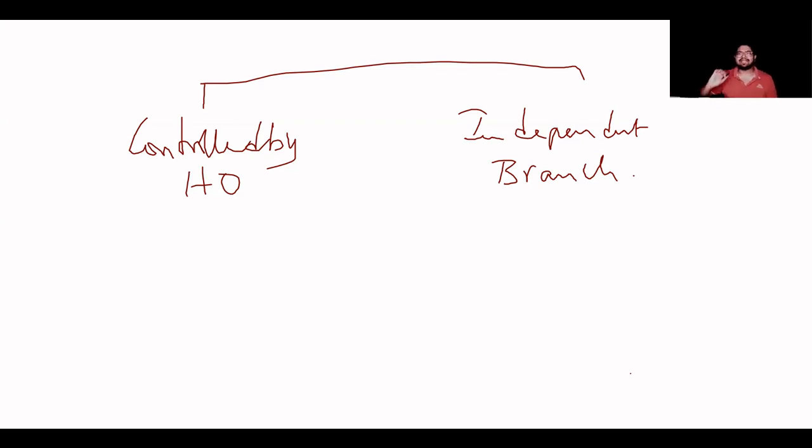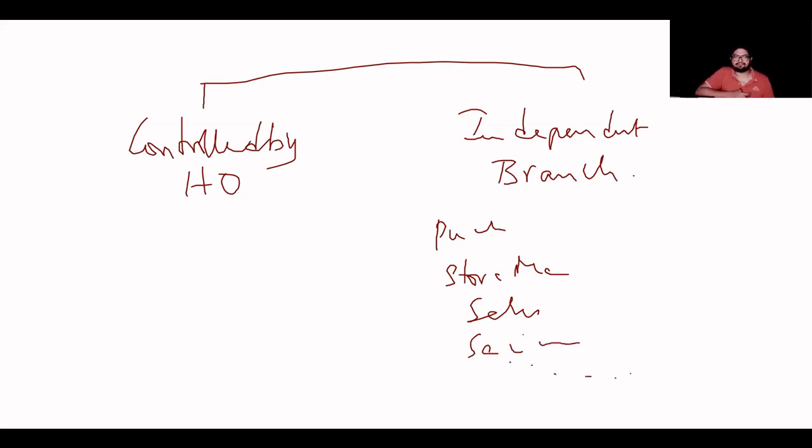Now, when I say an independent branch, it means there would be various operations for any business, yes or no? What operations could be there? There could be purchases, there could be store management, there could be sales, there could be services. Like this, there would be multiple services which a branch has to take care of.